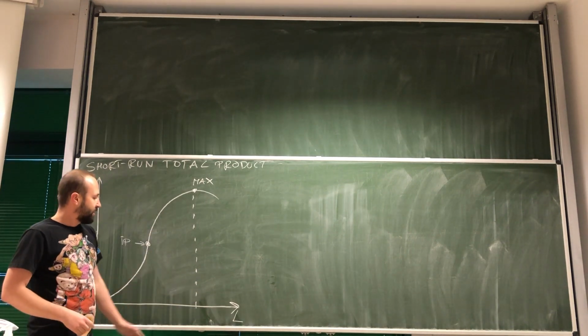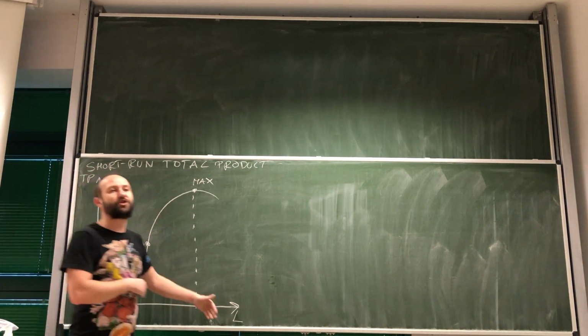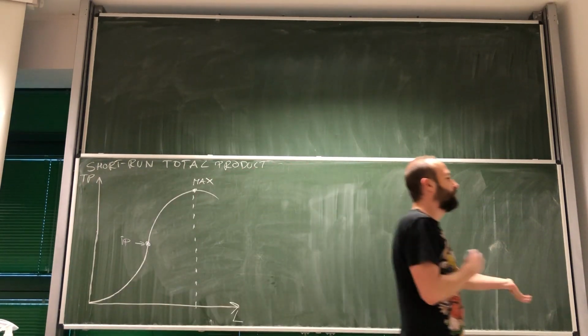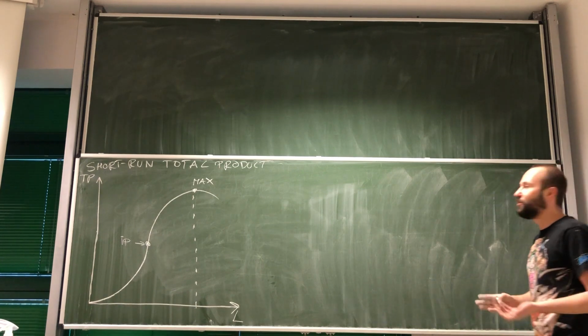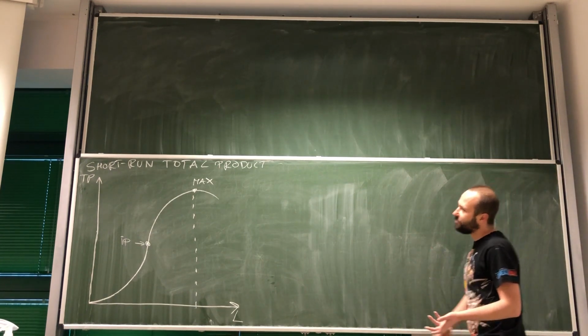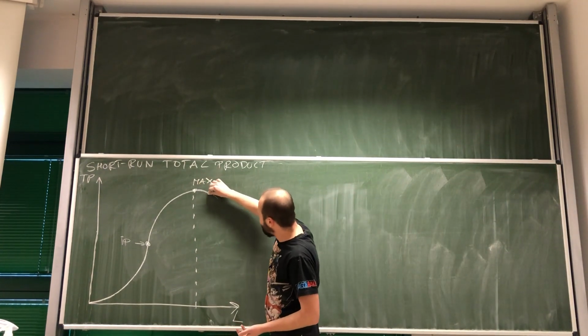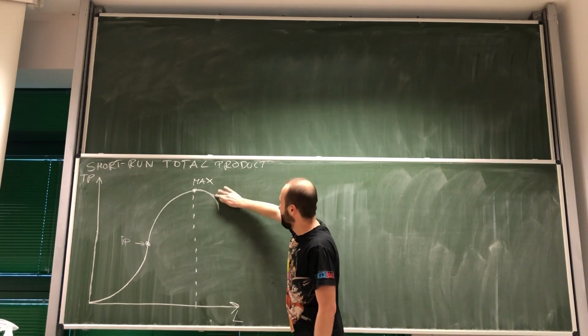And now, this is a situation where we hire too many workers and they start to interrupt each other, or tasks are too divided between them and it doesn't make sense, so the level of production actually starts to fall.